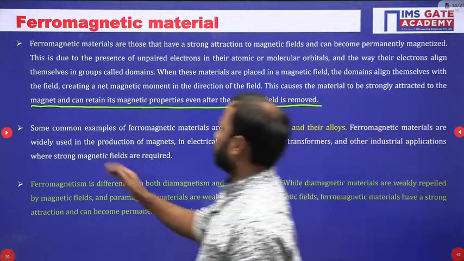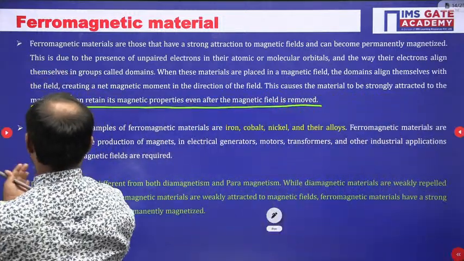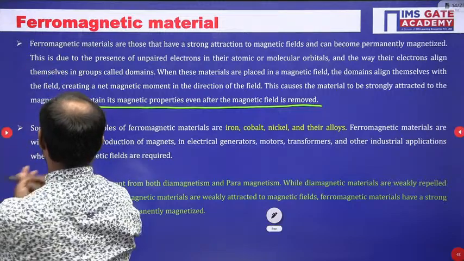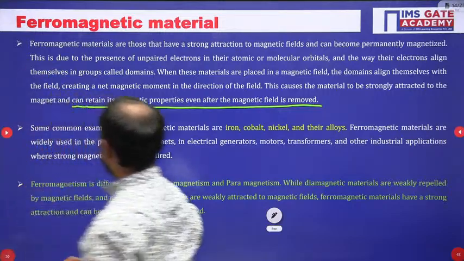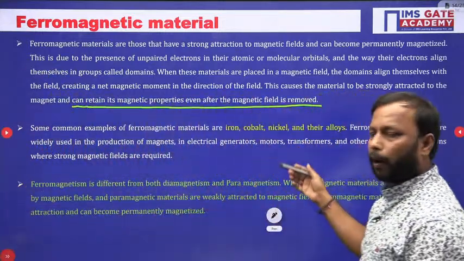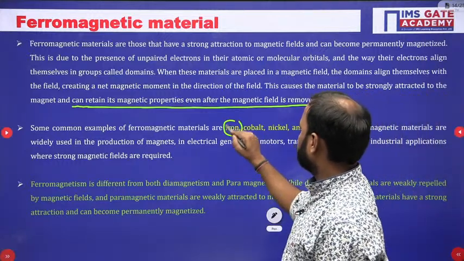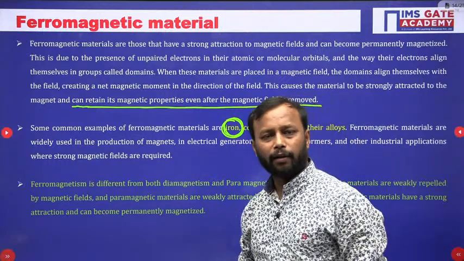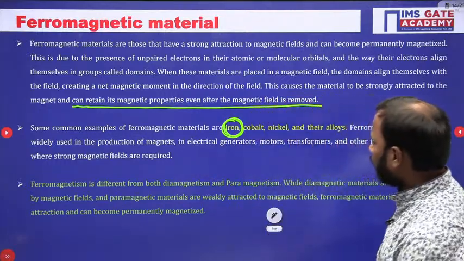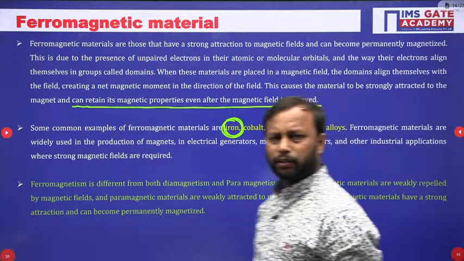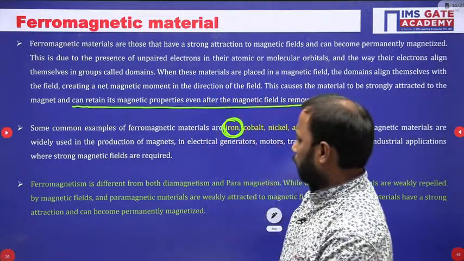Okay, from here. Some common examples are iron, cobalt, nickel and their alloys. Out of these, we use iron for the core of the transformer, or you can say for electrical machines.